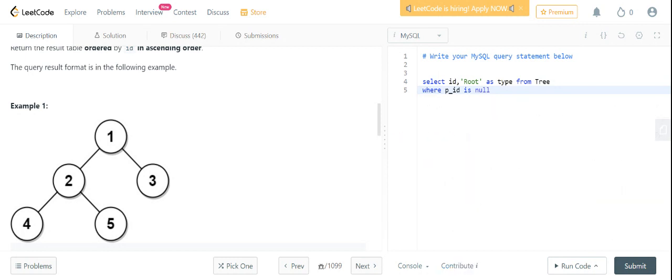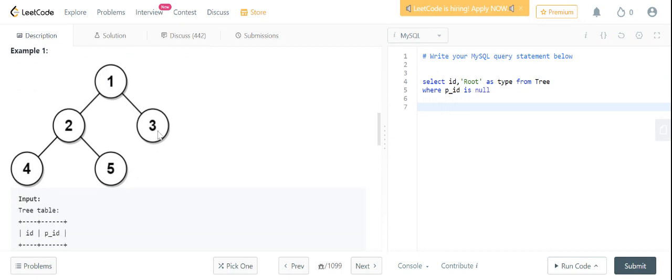Now we will write the logic for the leaf node. Take this particular code and write it here, replacing root with leaf. What is the meaning of leaf node?